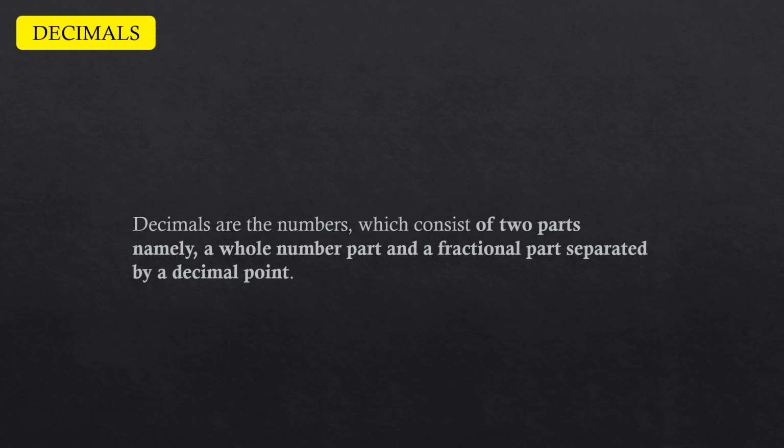Decimal point means a point, so the numbers that are before the decimal point are known as the whole number part, and the numbers that are after the decimal point are known as the fractional part. Here are some examples in front of you. The first examples are 3.6, 12.7 and 39.4. Here you see a point over here, right? This point is called the decimal point, and the number before it is called the whole number part, and the number after it is called the fractional part.